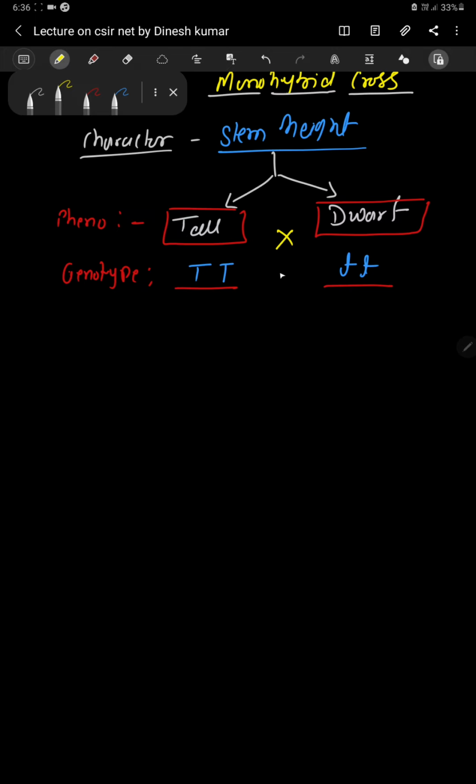For performing the cross, what will be our next step? The next step is gamete formation. During the gamete formation we get any one of the characteristics out of the two.